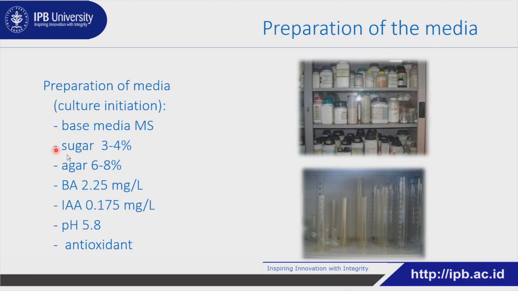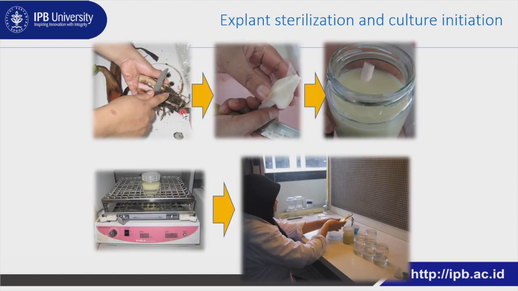It's just a base MS media with the addition of some plant growth regulators, and sometimes antioxidants can also be applied, because banana is sometimes full of pathogens. Sometimes you can see internal contamination, so a plant enhancer will also be useful in the initial stage of the plant materials.